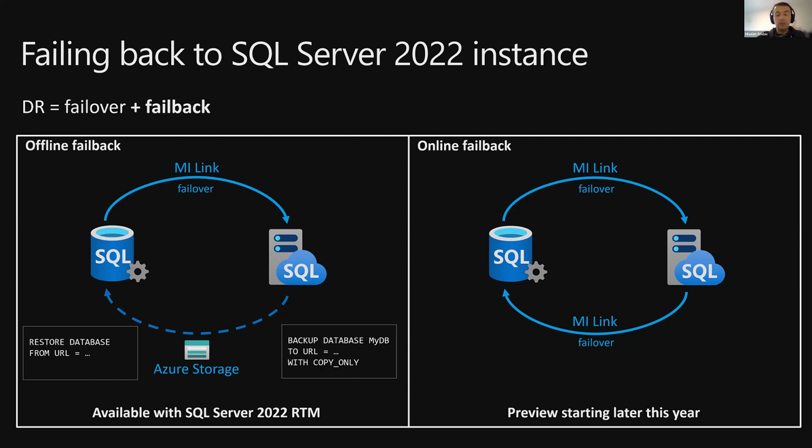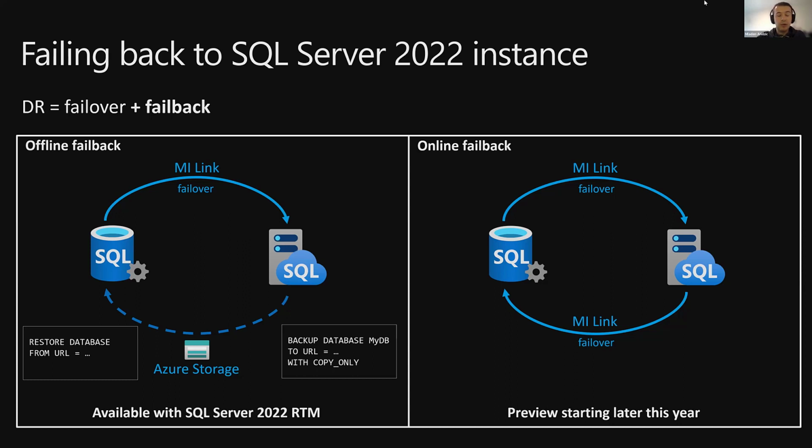At some moment, due to some disastrous event on your primary site, you will issue the failover command that Dani previously demoed, and your managed instance will become the primary. Of course, you will need to repoint your applications to this instance. However, once you decide to go back, once you restored the functionality on your primary site, you should also be able to move all the data back.